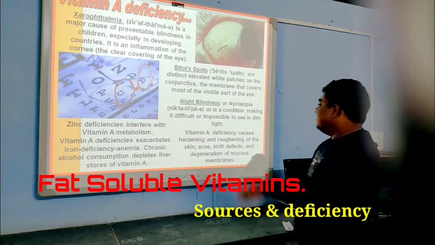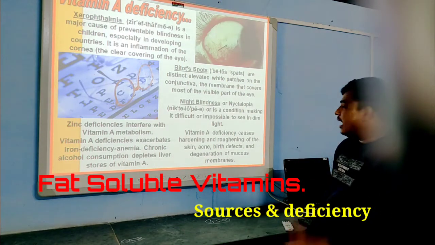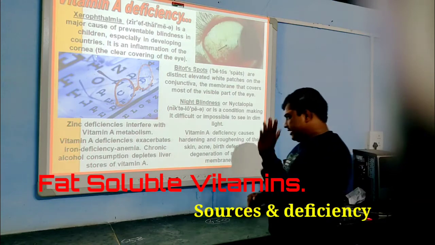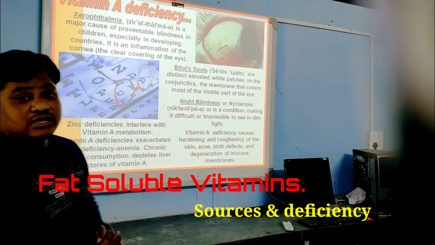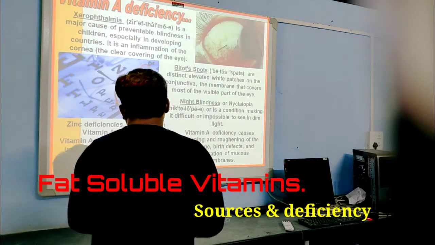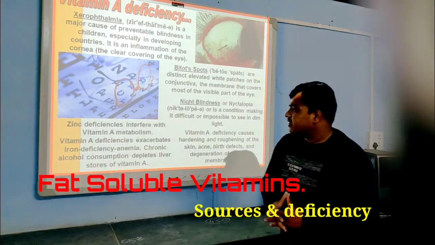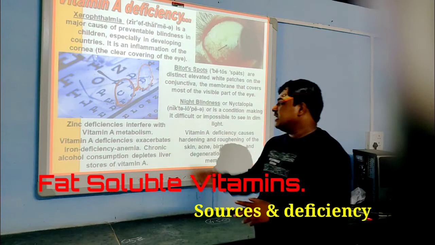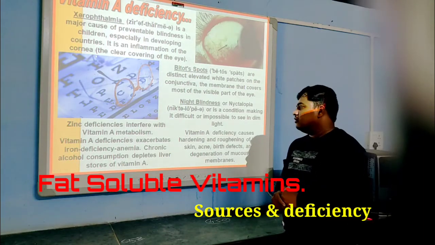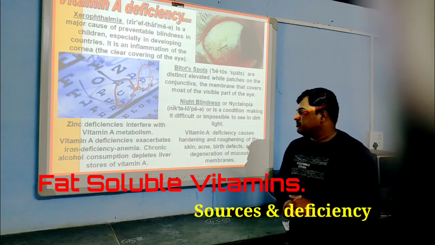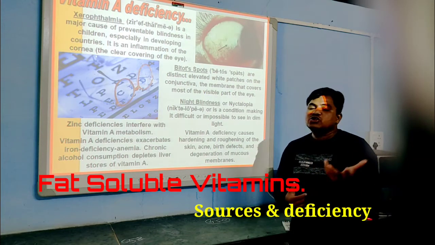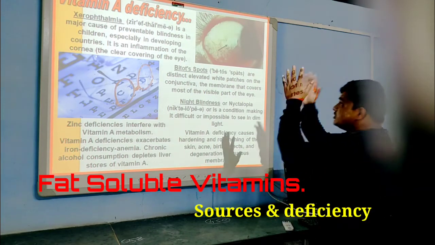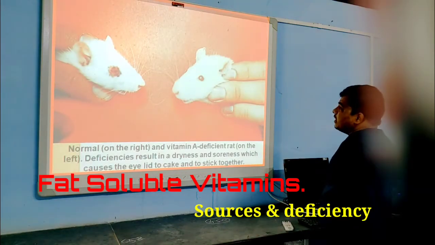Vitamin A deficiency also causes hardening and roughening of the skin, then birth defects and degeneration of mucous membrane. Now see, zinc deficiencies interfere with vitamin A metabolism. Vitamin A deficiency exhibits iron deficiency anemia, and chronic alcohol consumption depletes your store of vitamin A. So this is the deficiency of vitamin A.